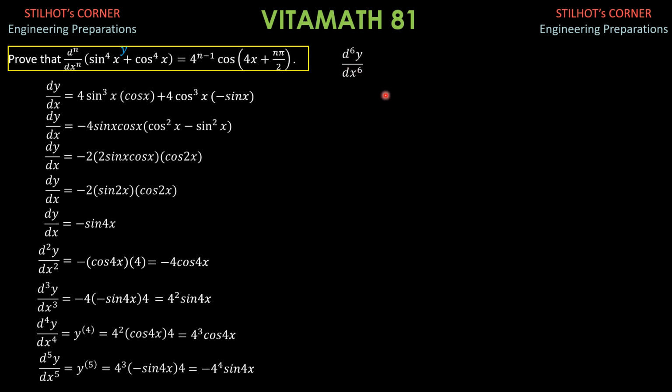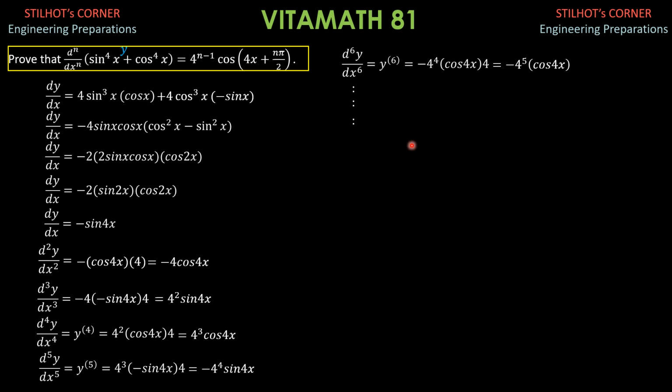The sixth derivative of y with respect to x is negative 4 to the 4th, derivative of sine is cosine 4x times 4, so that's why it's negative 4 to the 5 cosine 4x, as expected. Because this is the second derivative and it will be repeated after 4 cycles, except for the coefficient. So negative 4 to the 4th, negative 4 to the 5, the sixth derivative, cosine of 4x. If you check it here, it's also correct.